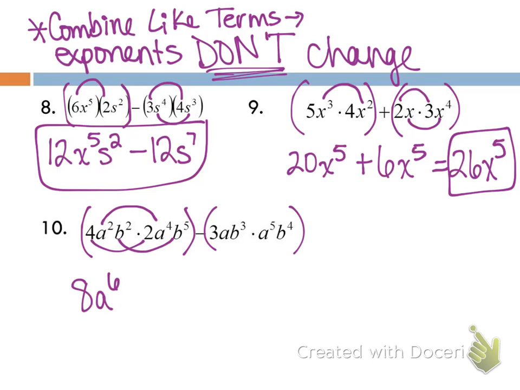Kelby, if I take b squared times b to the 5th, what do I get? Good. B to the 7th. Drop down that minus sign. Somebody asked the question if this was a negative 3.